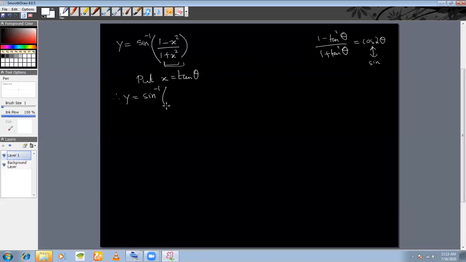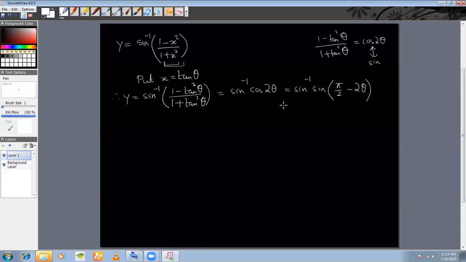sin inverse of (1 minus tan square theta) by (1 plus tan square theta), which is equal to sin inverse cos 2 theta, which is equal to, now cos can be changed to sine, sin inverse of sine of (pi by 2 minus 2 theta), which is equal to pi by 2 minus 2 theta only.